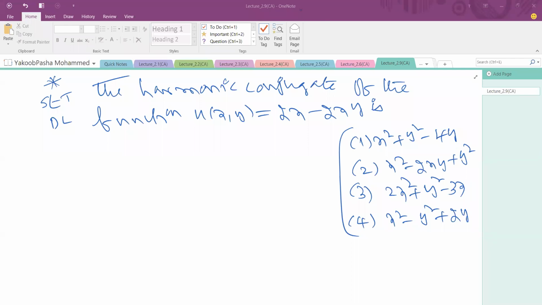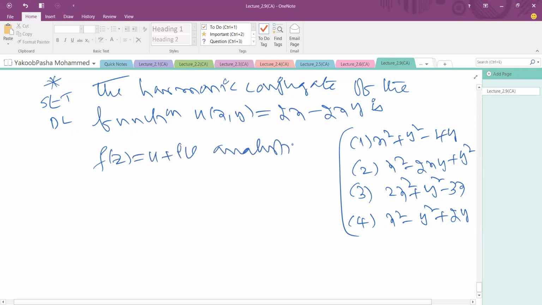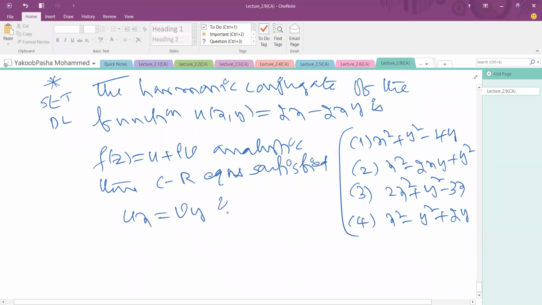I'm taking f of z is equal to u plus iv as an analytic function. Then it satisfies the CR equations, which means ux is equal to vy and uy is equal to minus vx.